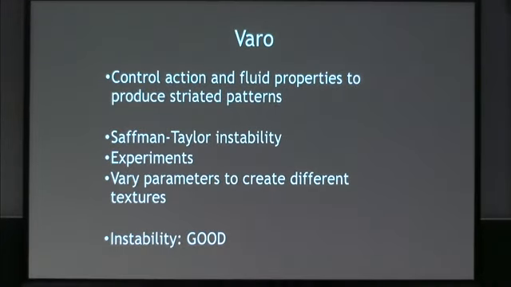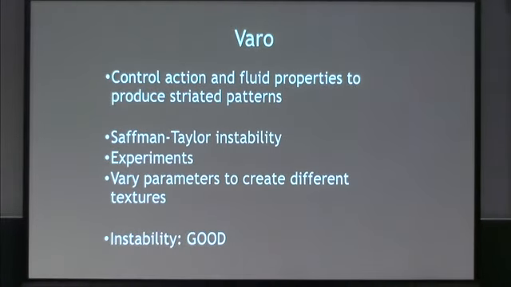Okay, so in the case of Remedios Varo, again, the action is controlled by this instability, which is driven by the surface tension, the competition between surface tension and viscosity.